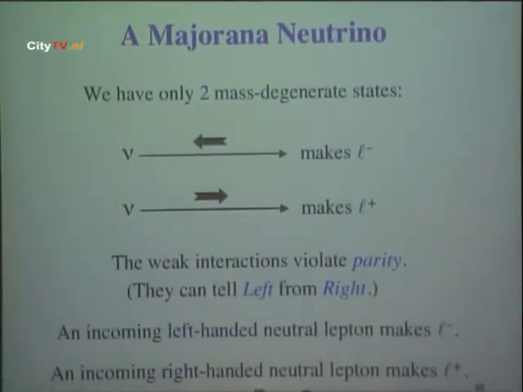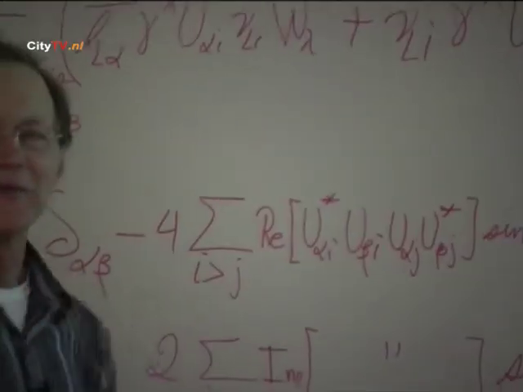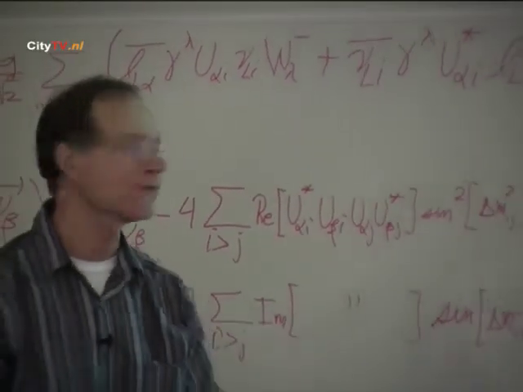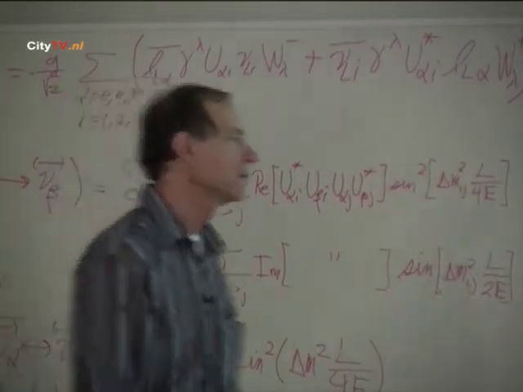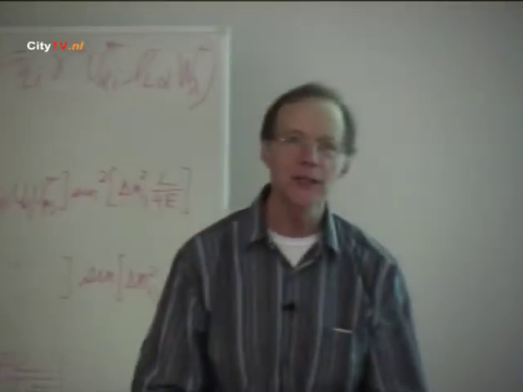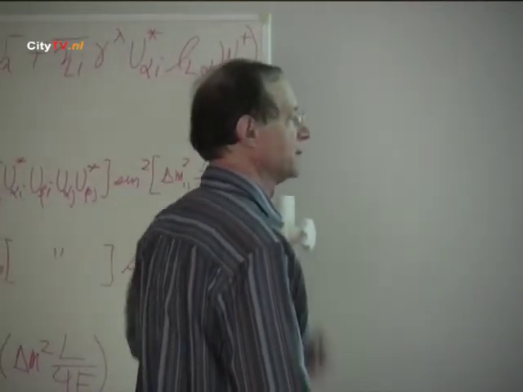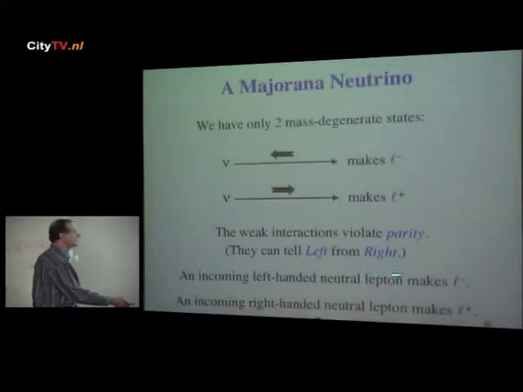But we know that the weak interactions of the Standard Model violate parity. That is to say, they distinguish a left-handed particle from a right-handed particle. That's why there are these L's in here. As a result of that distinction, and you can bear it out by staring carefully at that Lagrangian, an incoming left-handed neutral lepton is going to make an L minus, while an incoming right-handed neutral lepton is going to make an L plus.